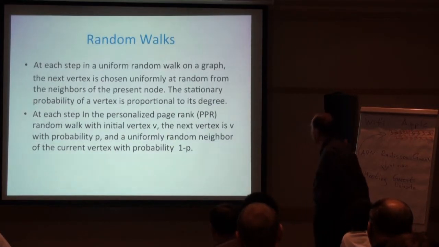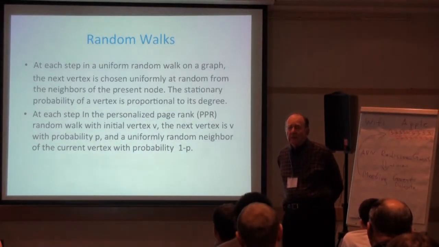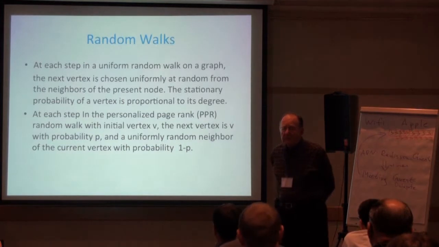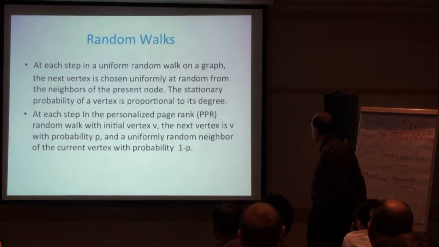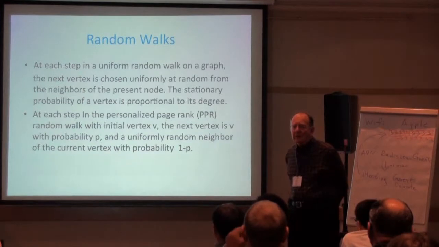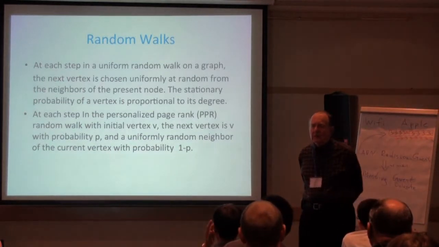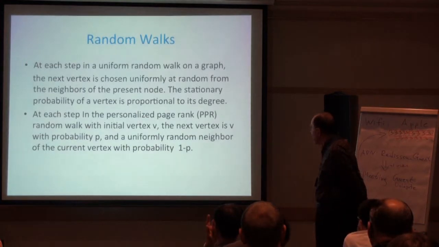Now, we want to contrast that with a second kind of random walk, which is designed to explore the locality of some seed vertex. This random walk is called the personalized PageRank random walk because it has application also to page ranking on the internet. But here we're using it for a different purpose.